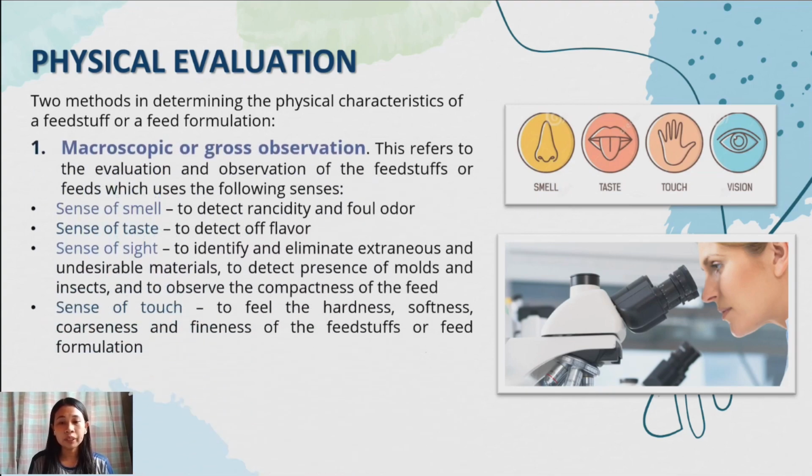A macroscopic or gross observation refers to the evaluation and observation of the feedstuff or feeds, which uses the following senses: sense of smell, to detect rancidity and foul odor; sense of taste, to detect off flavor; sense of sight, to identify and eliminate extraneous and undesirable materials, to detect the presence of molds and insects, and to observe the compactness of the feed; and lastly, the sense of touch, to feel the hardness, softness, coarseness, and fineness of the feedstuffs or feed formulation.